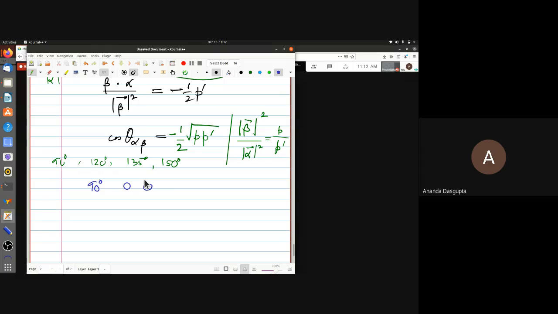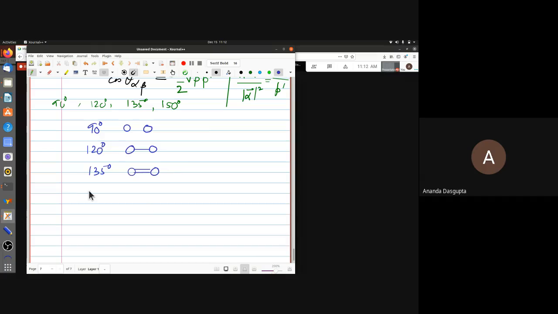And if the angle between two simple roots is 90 degrees, you just leave them as they are, no lines between them. If the angle is 120 degrees, you put one line between them. For 135, you put two lines, and three lines for 150 degrees.